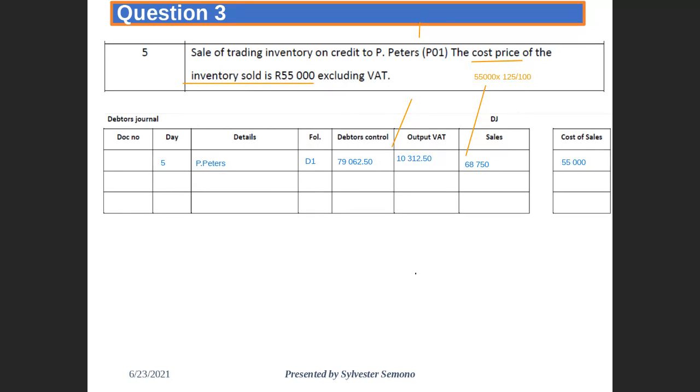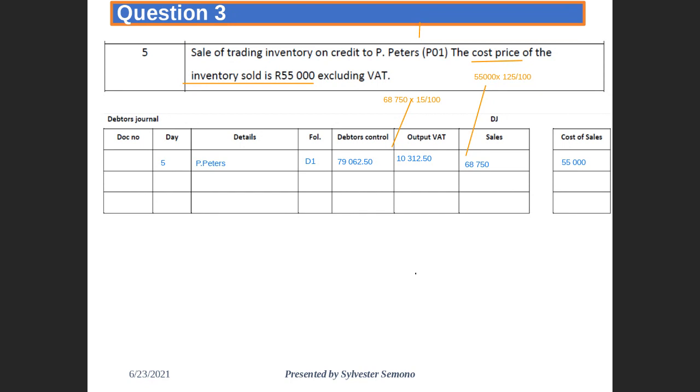Okay, this is what we did. And then 79,062.50. Okay, no problem, guys. Remember, for you to get this, you must add the VAT.